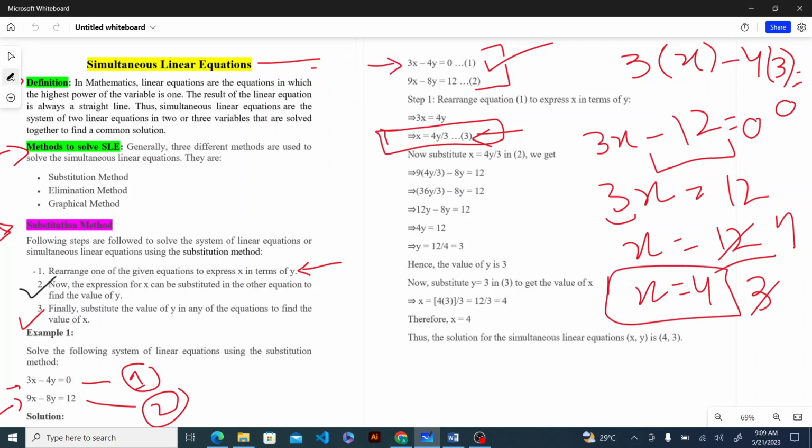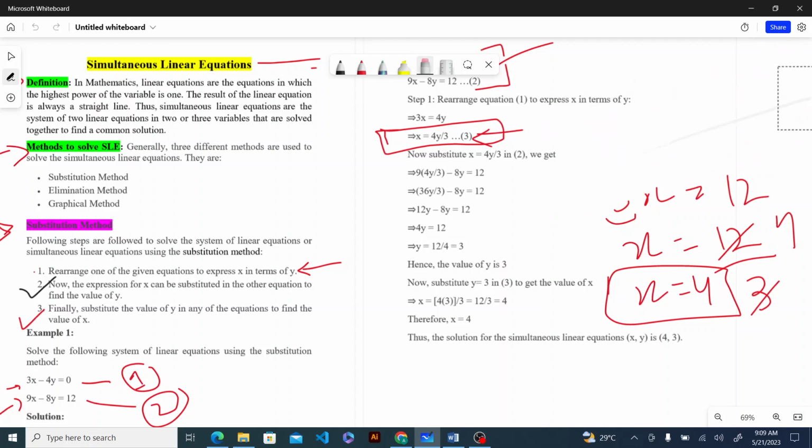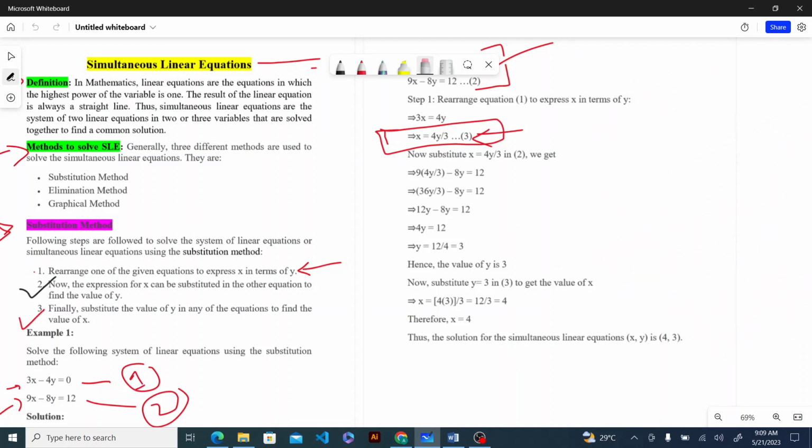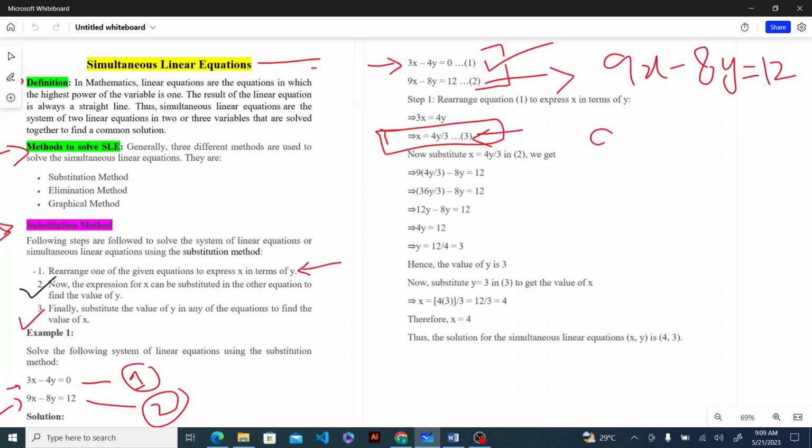Let me do it for the other equation, equation number 2. Let us do it for equation number 2 so that it can be proved that the value of x can be found by putting the value of y in any of the given equations. Let us use the second equation now, that is 9x minus 8y is equal to 12. 9x minus 8 times 3 is equal to 12.